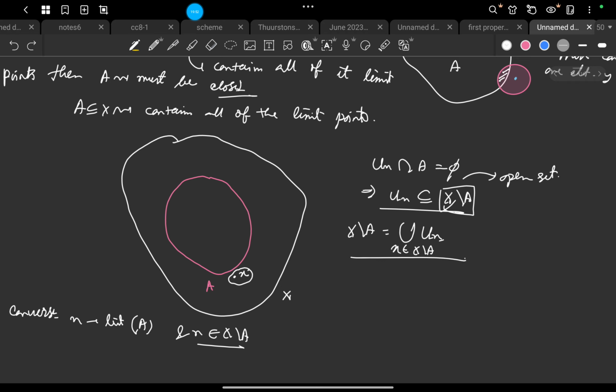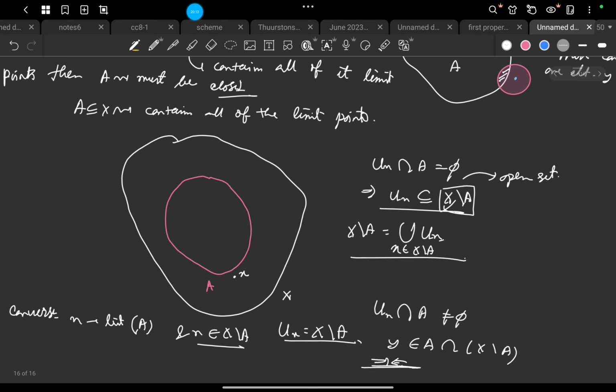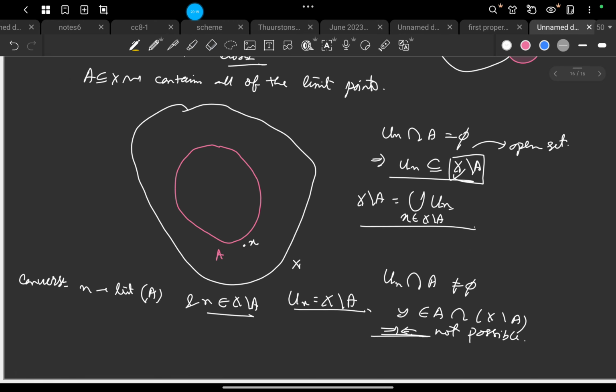So let us consider Ux to be X minus A. Now Ux intersection with A must be non-empty. This must contain one element from A. That means small y belongs to A intersection with X minus A. But that is not possible, because a set is always disjoint from its complement, right?